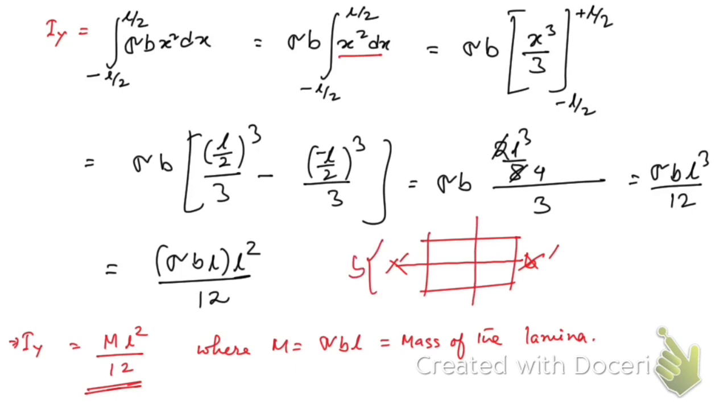When we found it about the y-axis, we had length. If we find it about the x-axis, then it must be replaced by breadth, right? As simple as that. Hope you have understood this.